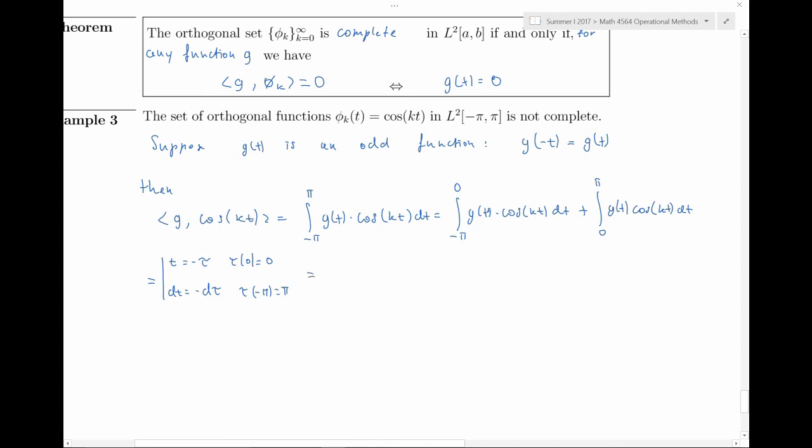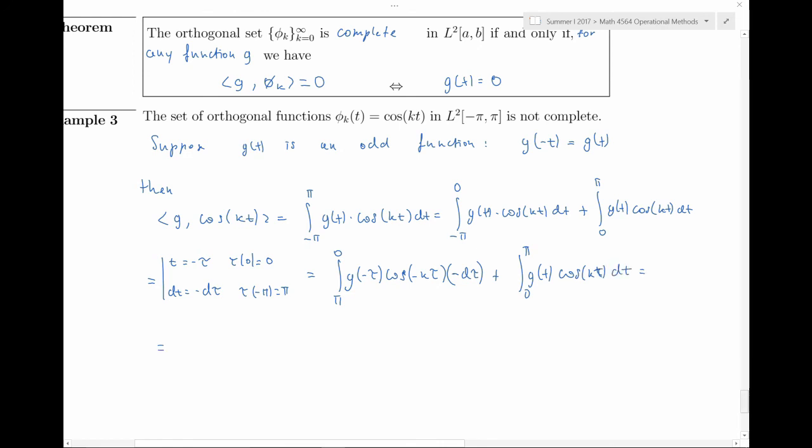So in essence, I'll be integrating from pi to 0 of g of negative tau cosine of negative k tau multiplied by negative d tau, plus an integral from 0 to pi of g of t cosine of kt dt.